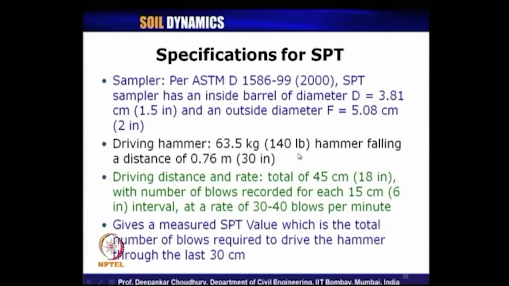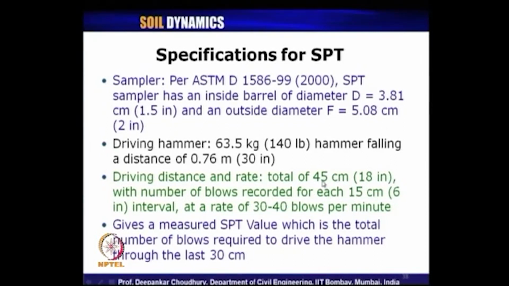And the driving hammer used in SPT as per ASTM standard is 63.5 kg, which is about a 140 pound hammer, falling from a height of about 0.76 meter, which is about 30 inch. And the driving distance and rate: a total of 45 centimeter it should penetrate, which is about 18 inches, with the number of blows recorded for each of the 15 centimeters.